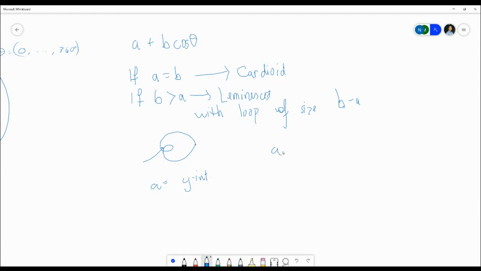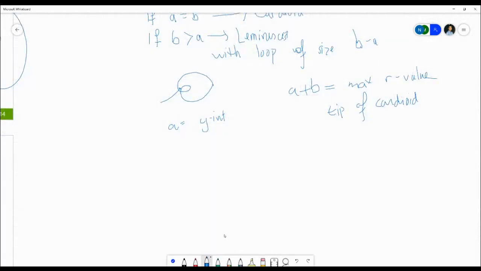A plus B is basically your max r value. You can also think of this as the tip of the cardioid. Okay, so we got A, we got B minus A, we got A plus B. So let's see if I can try to sketch this.